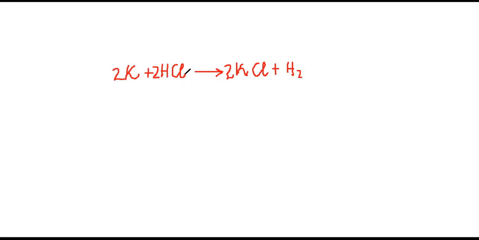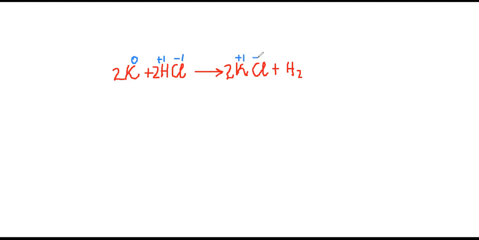So first of all, we have to calculate the oxidation numbers of all these elements. Oxidation number of potassium is 0 because it is a single element. Oxidation number of hydrogen is plus 1. Oxidation number of chlorine will be minus 1. Oxidation number of potassium will be plus 1.